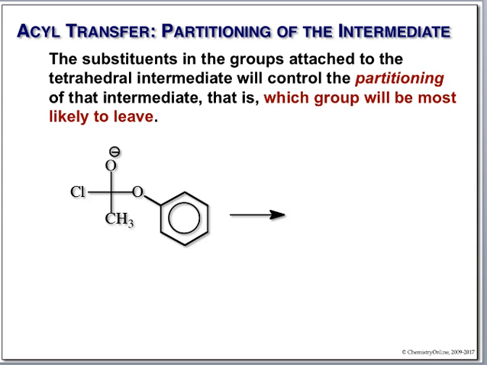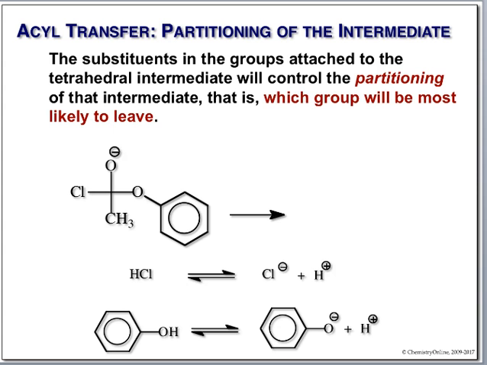All right, here's another one. If I told you, because you didn't know, that our pKa's here are -5 and 9.4, draw the products that we would get by the breakdown of this tetrahedral intermediate. Chloride is one possibility.